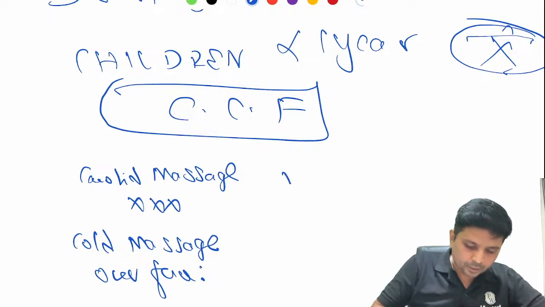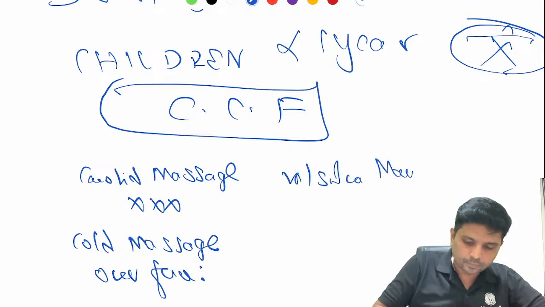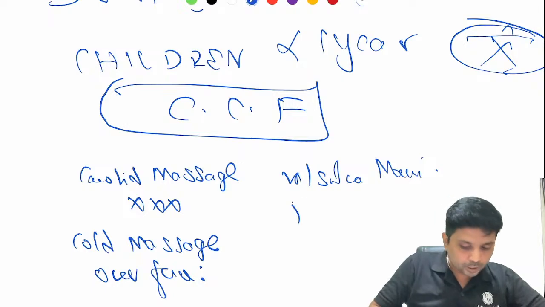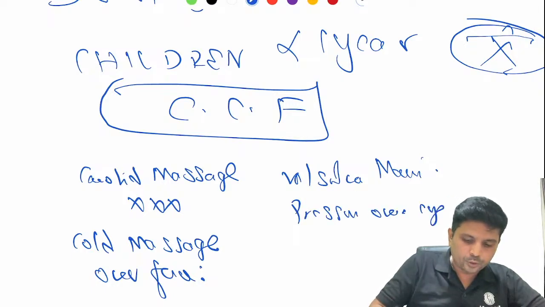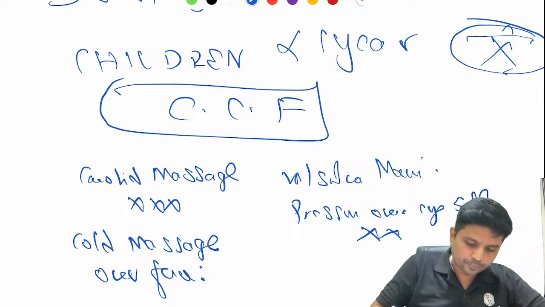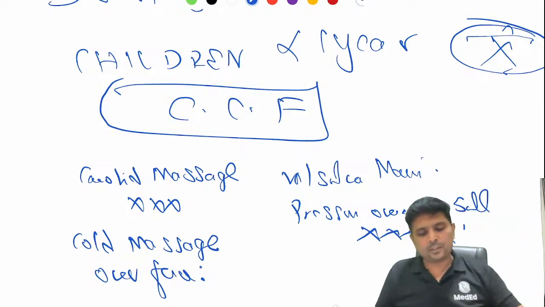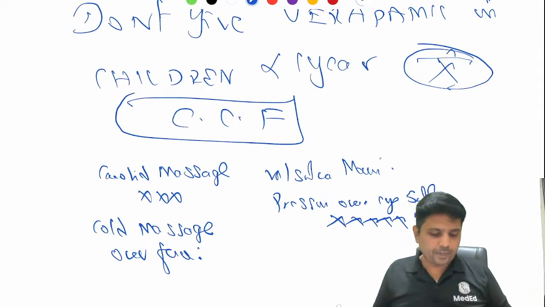In grown-up children, you can use the Valsalva maneuver. And also pressure over the eyeballs. Pressure over the eyeballs, we don't practice to terminate SVT in case of pediatrics.